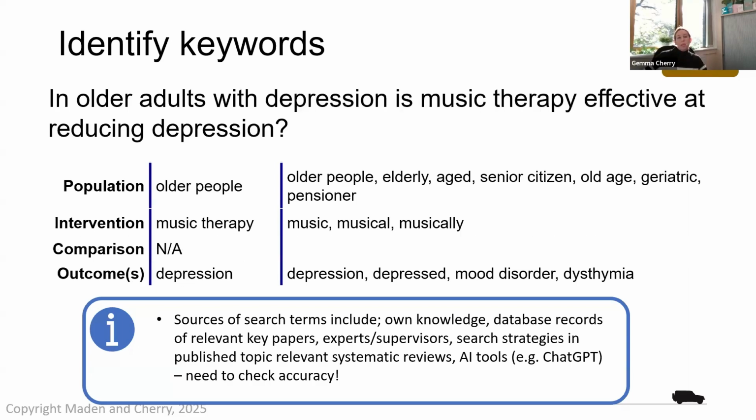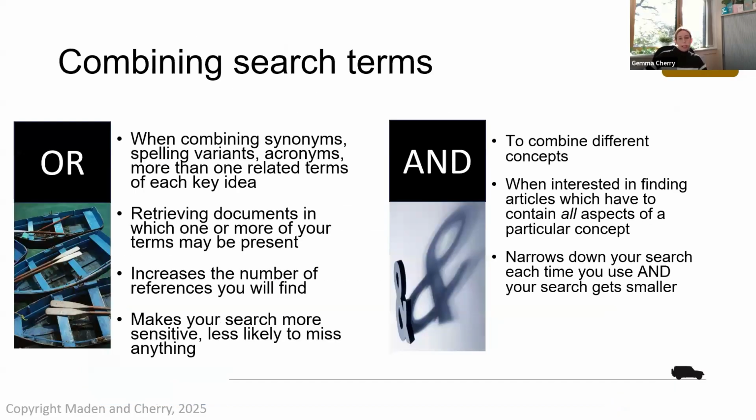Okay. So once you have all of your potential keywords, the next thing to do is try and combine them. And there are different ways of combining. The word OR allows you to retrieve records where one or more of your terms may be present. So you're saying essentially look for any record that includes the term older adult or pensioner or elderly or geriatric.